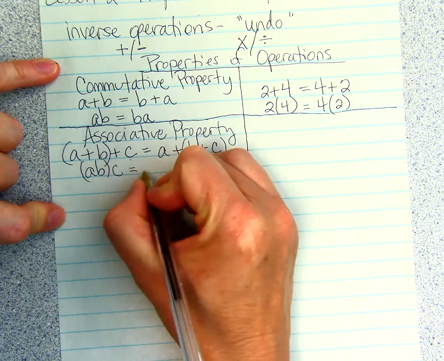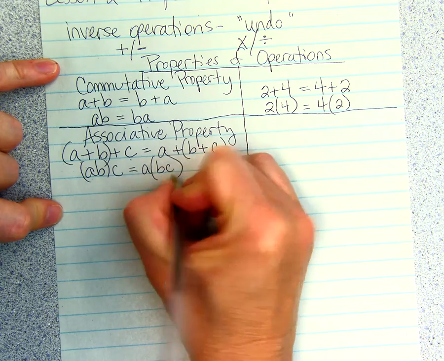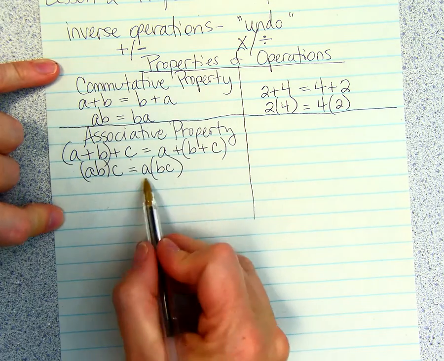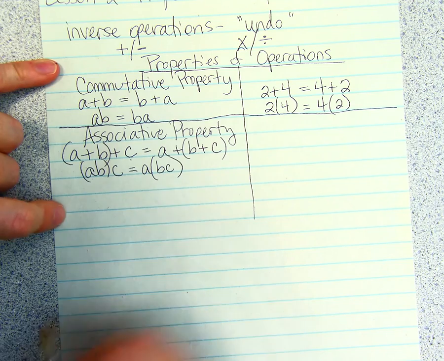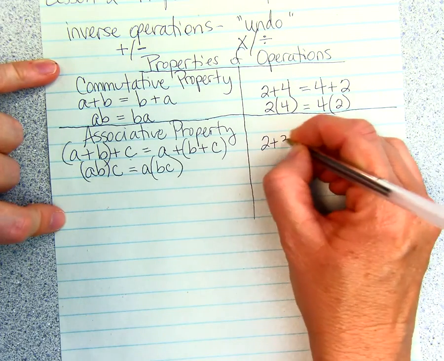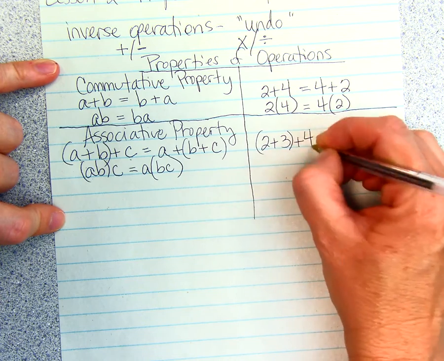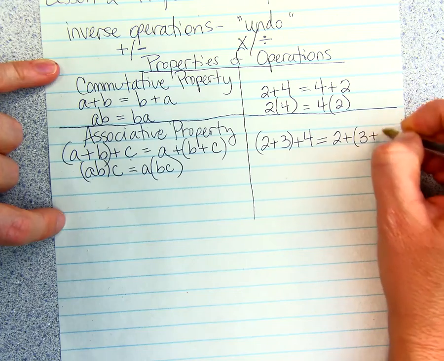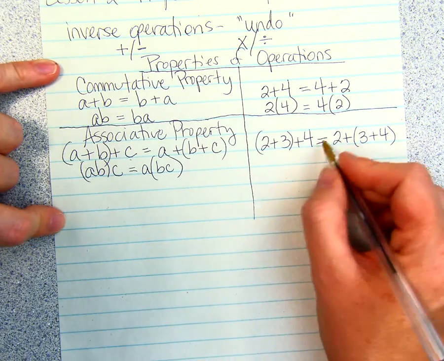Same with multiplying. If you multiply the first 2 and then the third, it's the same answer as if you multiply the second 2 and the first, or the last 2 and the first. So here's an example. If I add 2 plus 3 together and then I add 4, it's going to be the same thing as if I add 3 plus 4 together first and then add 2.